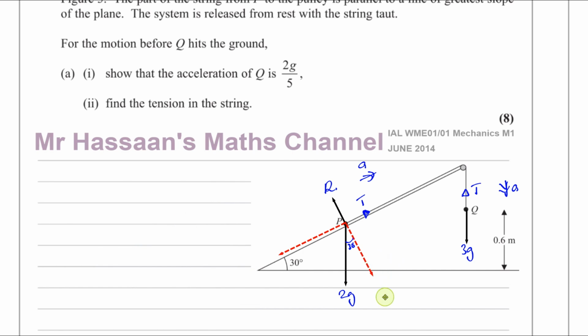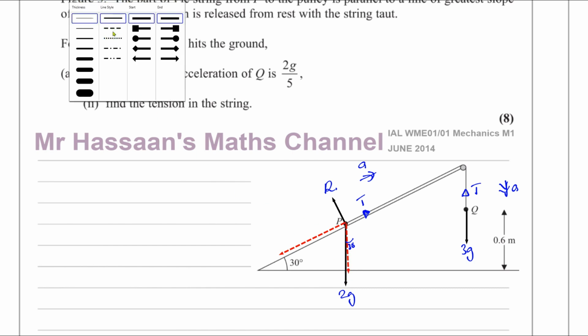Okay, so now we want to resolve the forces parallel and perpendicular to the plane. So if I want to consider the force here perpendicular to the plane, this angle has to be resolved in this direction here. Now, for us to resolve in that direction, let me just draw this other line to make it clearer.